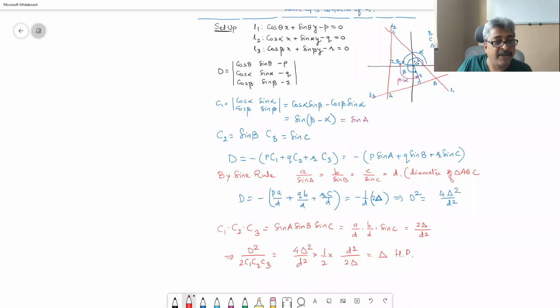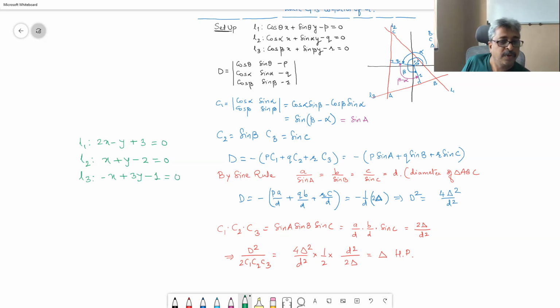We should do these kinds of activities in the class. So, your line number 1 is 2x minus y plus 3 is equal to 0. Line number 2 is x plus y minus 2 is equal to 0. And line number 3 is minus x plus 3y minus 1 is equal to 0.